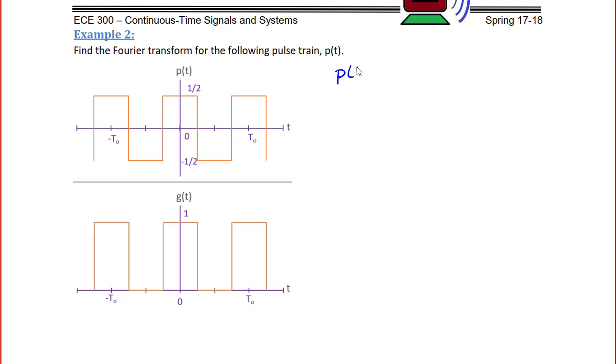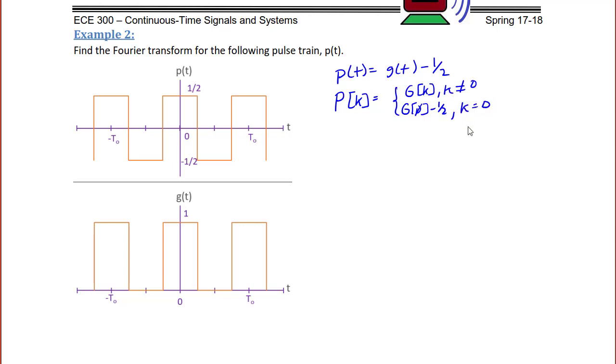So first, let's write the relationship between P of t and g of t. So P of t is equal to g of t minus 1/2. So the relationship between P of k and g of k is P of k would be equal to g of k when k is not equal to 0, and it will be equal to g of 0 minus 1/2 when k is equal to 0.